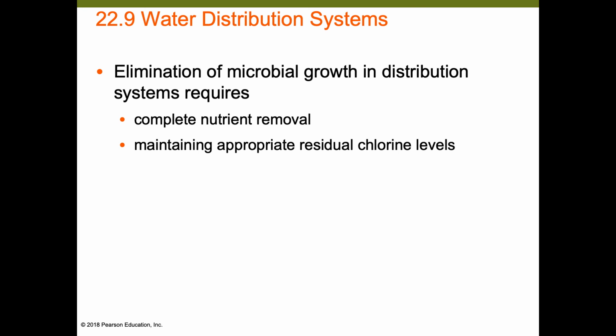But to prevent microbial growth, that's really the key thing. Right? If everybody in the town was drinking fecally contaminated water and all got some sort of illness, that would not be very good. And so removing pathogenic microorganisms is really critical. So you have to try to remove all of the nutrients.